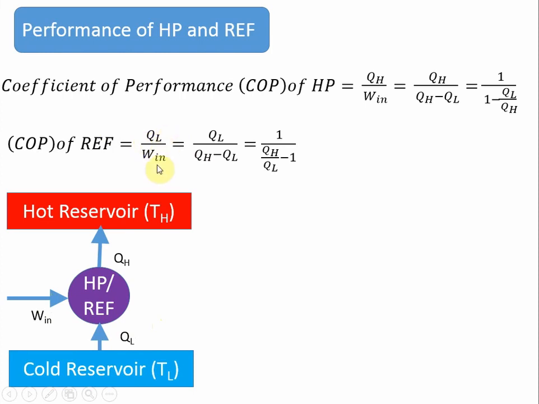Again, by applying the first law of thermodynamics, you can find W in is equal to QH minus QL. Consequently, the coefficient of performance of a refrigerator becomes 1 over QH over QL minus 1. These two are the coefficient of performance equations for heat pumps and refrigerators. Refrigerators include air conditioners as well.